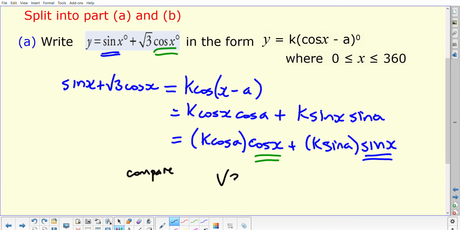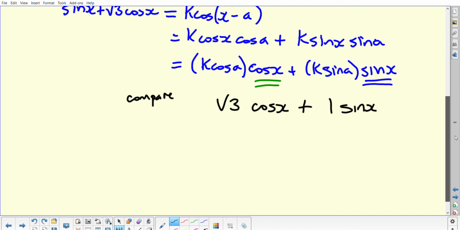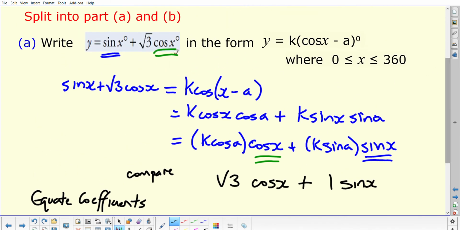So we've got root 3 times cos x, just changing the order, plus the sin x. Essentially, remember, that's like having 1 sin x. So when you're equating your coefficients and writing down your two equations, make sure you're comparing like with like and you don't just take them in order.